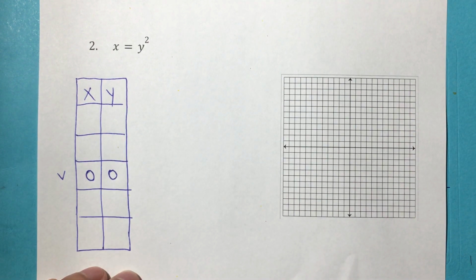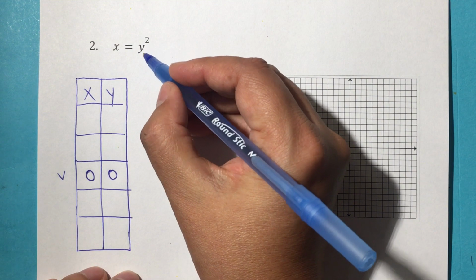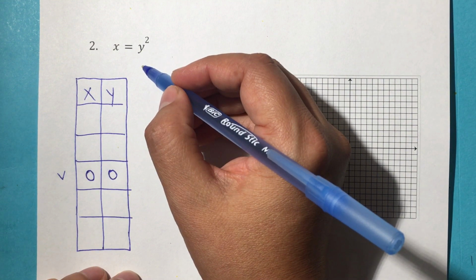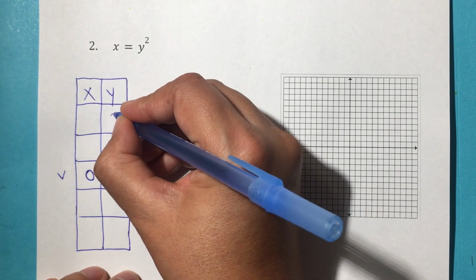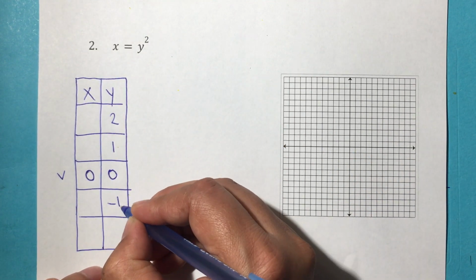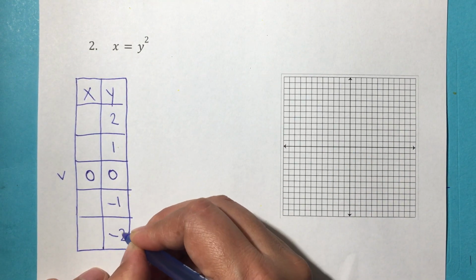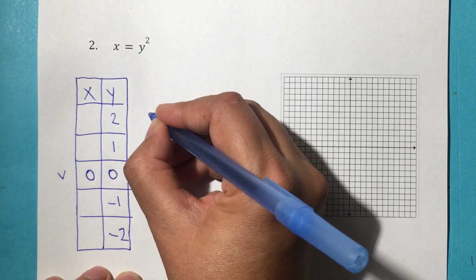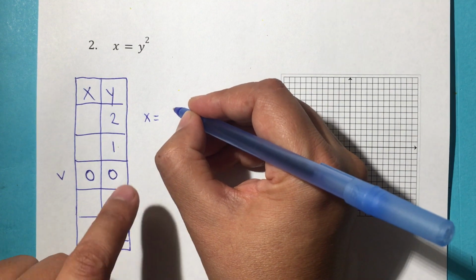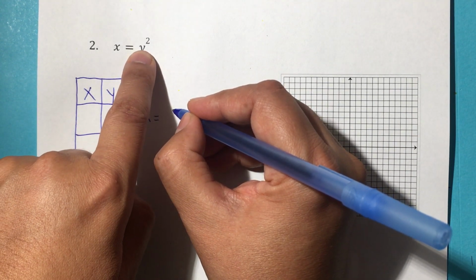And so in here, it is very important that we give the values to y instead of x. And so we're going to add 1 and 1 more, and subtract 1 and subtract 1 more to the y values. And so to find x, it's going to be equal to the y value squared.